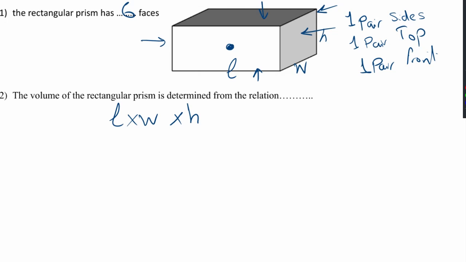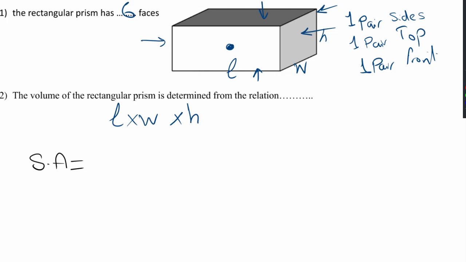The surface area of the rectangular prism is the summation of the areas of all 6 faces. But we've said before that we have 3 pairs. These 6 faces are 3 pairs. So what are the 3 pairs? Side, top and front.